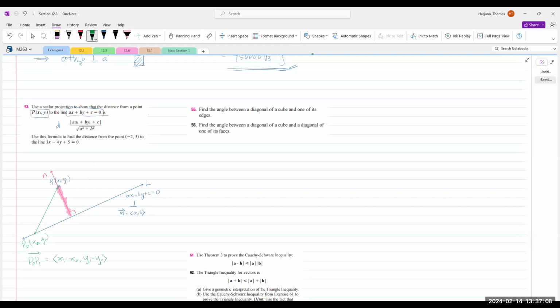That's the vector. Now, they give us a hint that we will use scalar projection. What do you mean by scalar projection? Try to take a look at this vector here. Notice that if I shift that here, actually let me just copy instead of shifting.